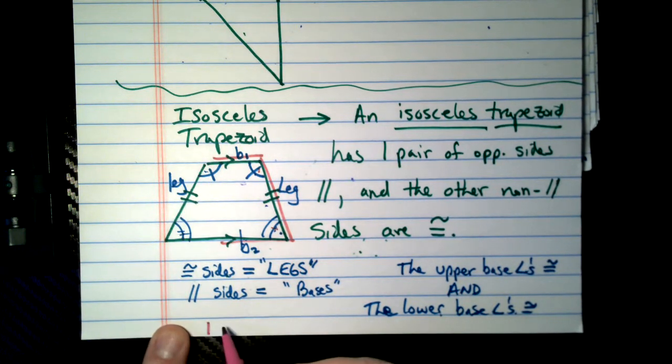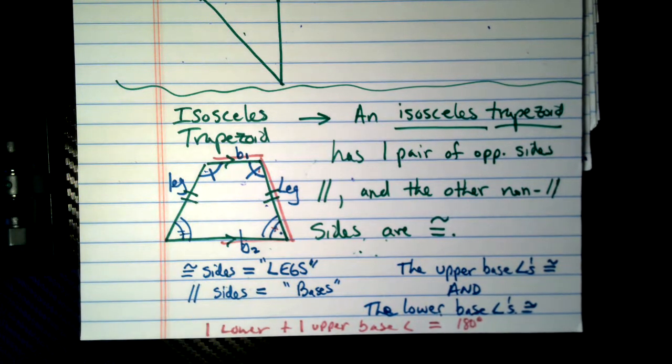One lower base angle plus one upper base angle equals 180 degrees because of same side interior angles.